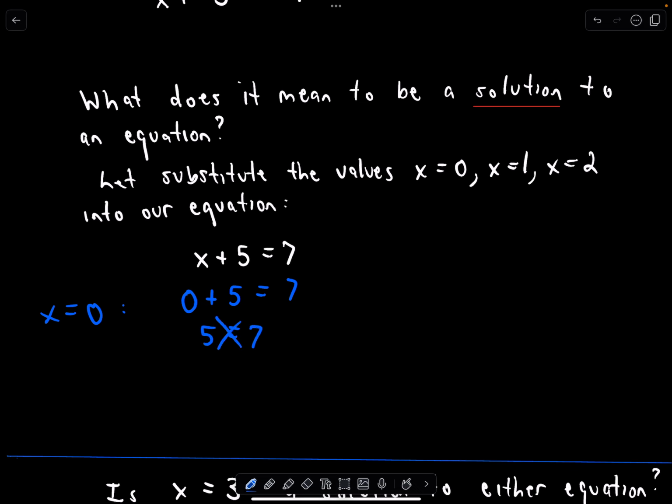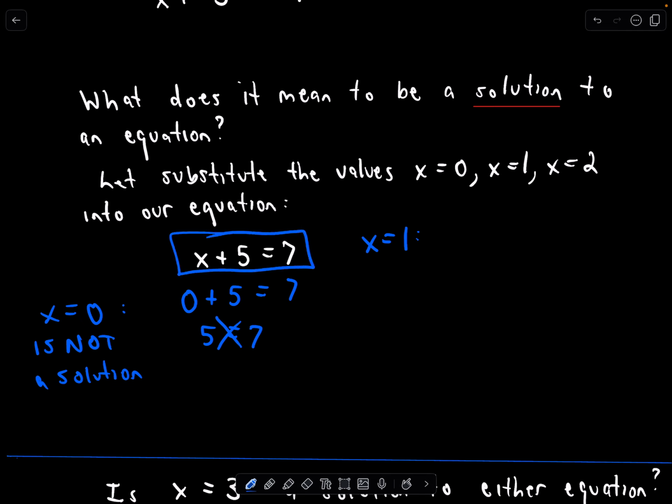So x equals 0 is not a solution to that equation. Likewise, we could check x equals 1. I would have 1 plus 5 equals 7, or 6 equals 7, which again, those aren't equal. So x equals 1 is not a solution.